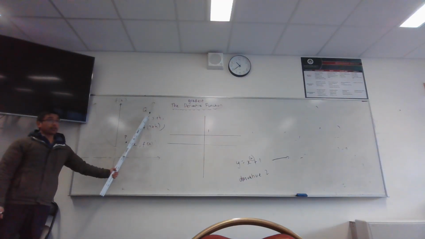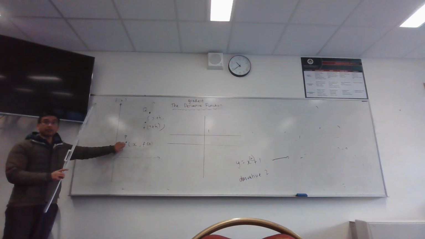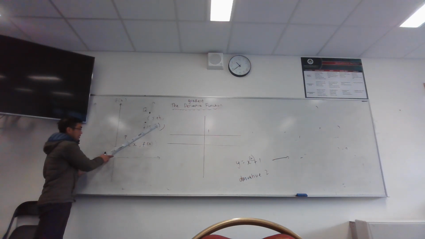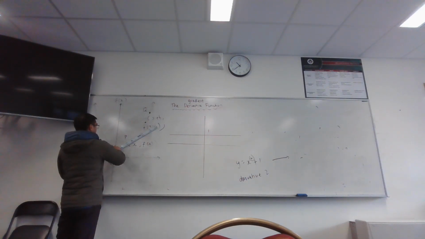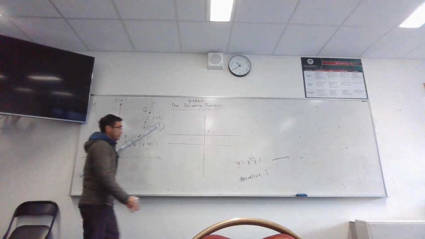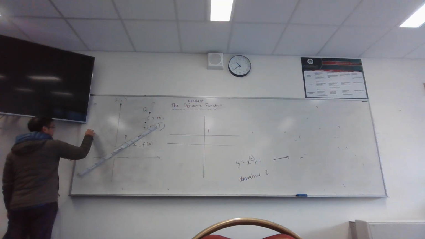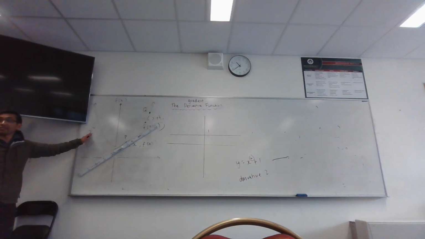We have a quadratic, power of 2, but we derived it, and this new graph did this. Let's focus on x squared as its own graph. It's a quadratic.